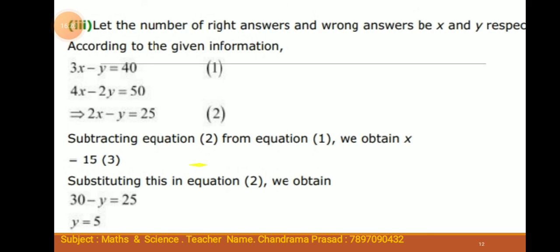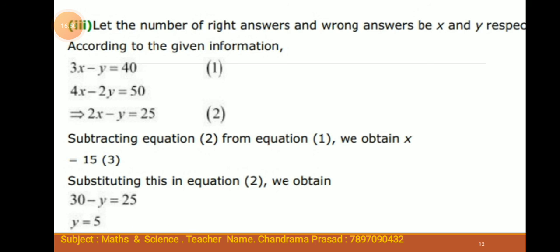Subtracting equation 2 from equation 1, we obtain x equal to 15. Substituting the value of x in equation 2, we obtain 30 minus y equal to 25, or y equal to 5.